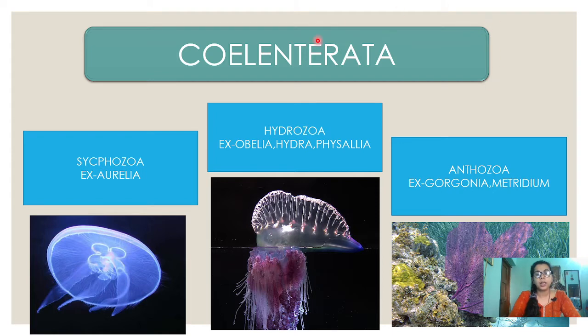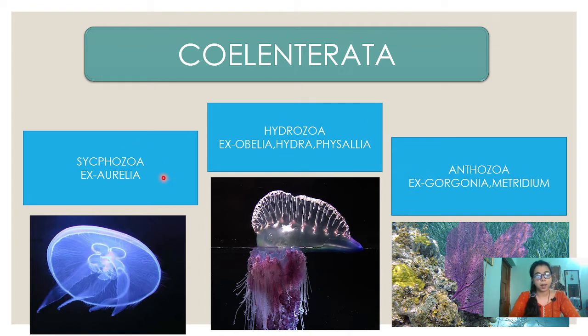Moving on to the classification, the Coelenterata are divided into three classes. One is Hydrozoa. What are the examples? Obelia, Hydra, Physalia. This is the picture of Physalia. It looks so beautiful. They belong to the Hydrozoa class.